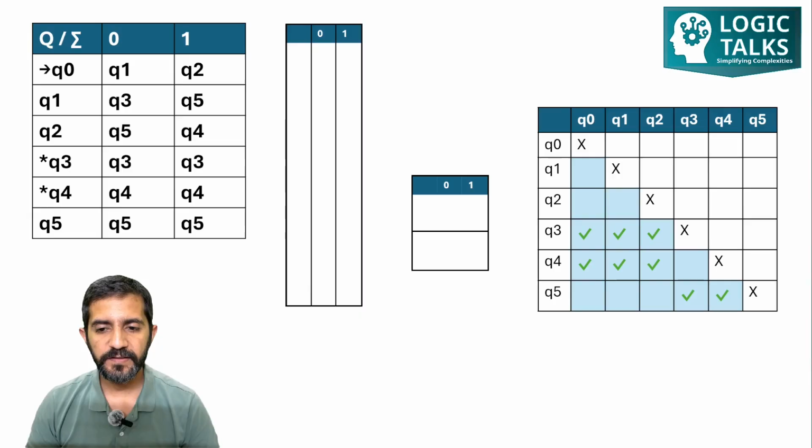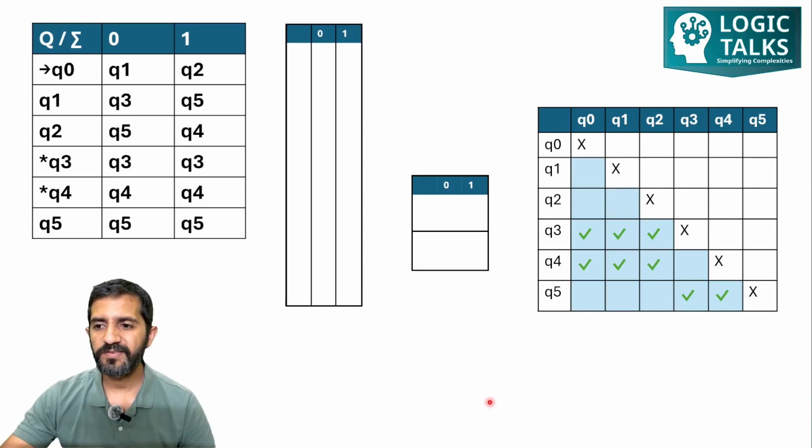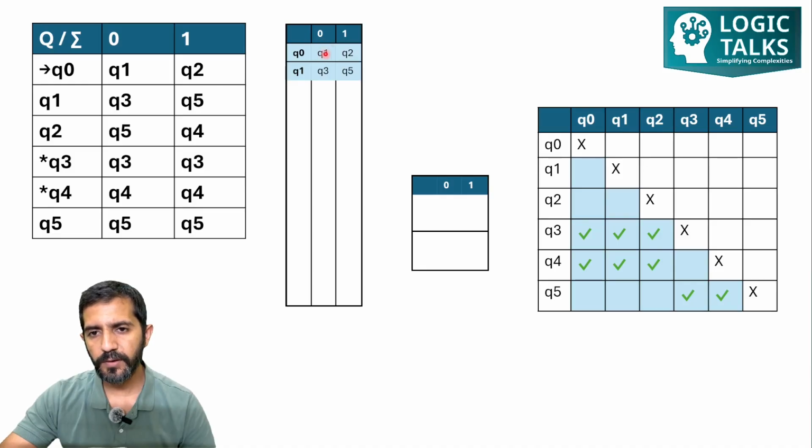Now we have to consider the unmarked cells one by one and determine the transitions of both the states associated with the cell for each input value. For example, let us see the cell Q1, Q0, or Q0, Q1. Q0 on getting 0 as input moves to state Q1, and Q1 on getting 0 moves to state Q3.